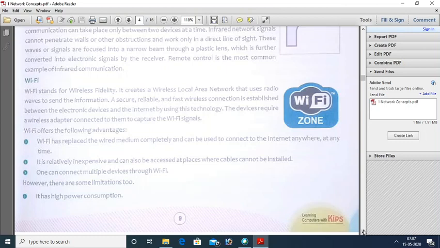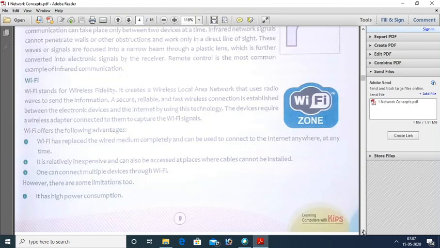A secure, reliable, and fast wireless connection is established between electronic devices and the internet. By using this technology, the device requires a wireless adapter connected to it to capture the Wi-Fi signals.